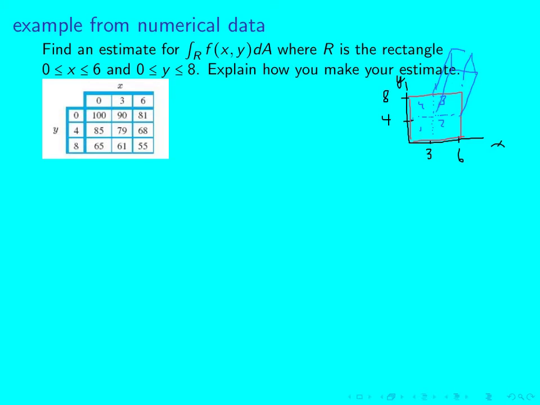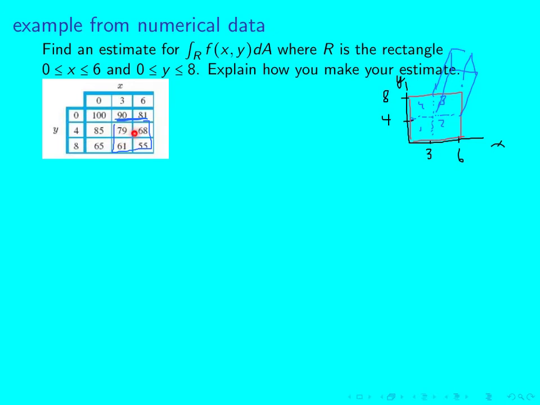But above each of those rectangles is a bar. So for example, the one I've drawn is the one that's between x equals 3 and x equals 6, and then between y equals 4 and y equals 8. So the bar is above these values.